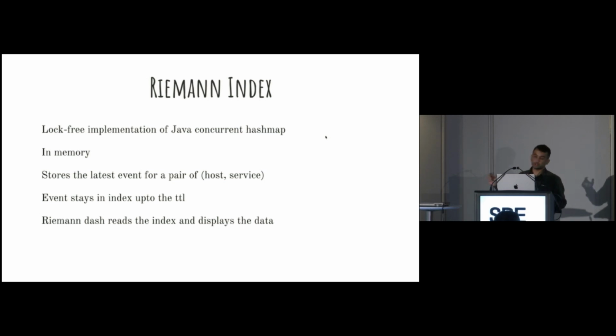The TTL, which I showed you earlier, decides how long the event will stay in that index. And once the TTL expires, that is considered an expired event. Then Riemann does some processing with those expired events. And lastly, the Riemann dashboard talks to the Riemann index via Riemann APIs and displays the data.